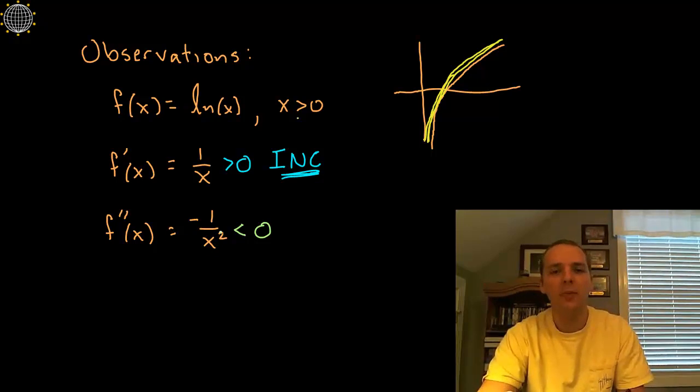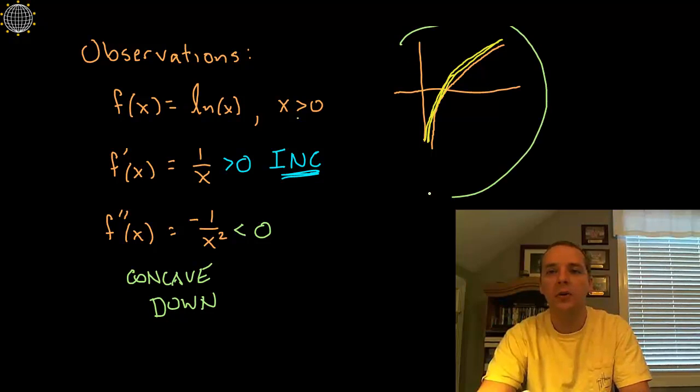But question, what does it mean if the second derivative is negative? Well, that means your original function is concave down, right? Because if the second derivative is negative, that's the definition of concave down. Well, sure enough, look at that graph.